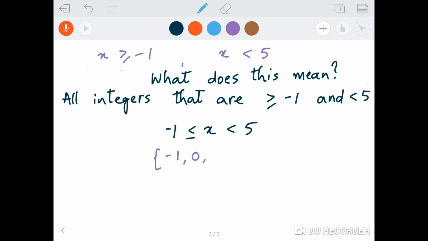Which basically tells you that the integers are minus 1, 0, 1, 2, 3 and 4. And that will be the solution to your linear inequation. Please pause the video at this time and finish off the problem.